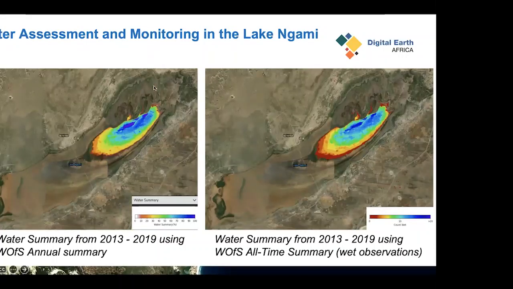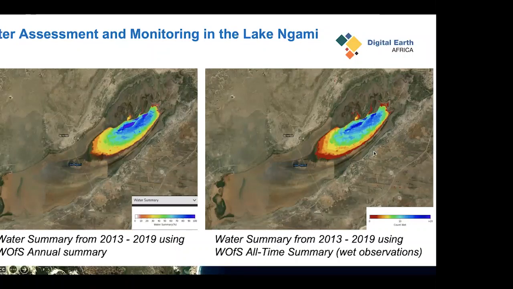As you compare, that means the lake has dried up for that particular area. On the left side we have the all-time summary from 2013 to 2019, which lets us know the occurrences of water in the particular years that we have.